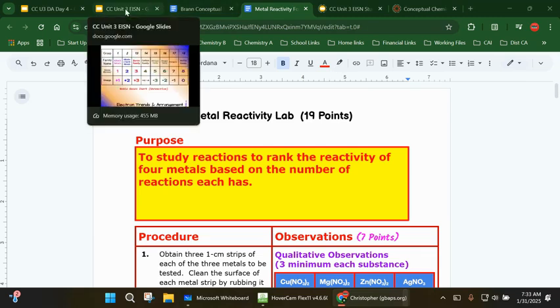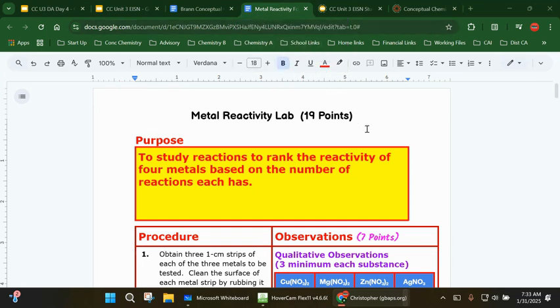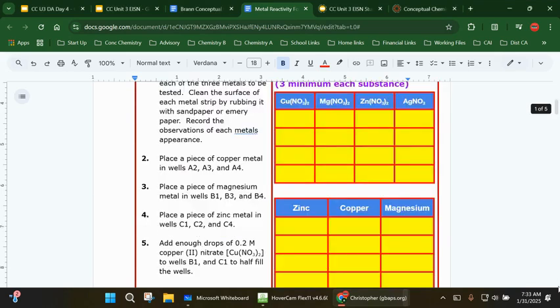Now, again, ladies and gentlemen, before you turn this lab in, you need to make sure that you are doing the things that you can do to get as many points as you can. So I would like to go back up to the start of this real quick, just to remind you of a few things. Okay? So, in here, 3 of these 4 boxes need to be filled in for all 4 of these solutions. 3 of these 4 boxes need to be filled in for all of the metals.